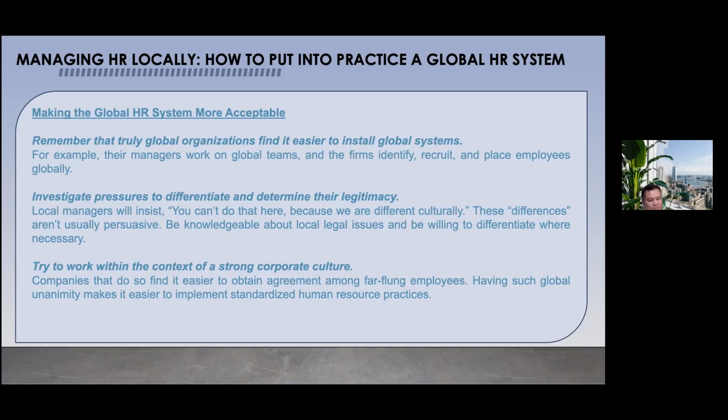For example, their managers work on global teams and the firms identify, recruit, and place employees globally. Doing so makes it easier for managers everywhere to accept the wisdom of having a standardized human resource management system. Next is to investigate pressures to differentiate and determine their legitimacy.